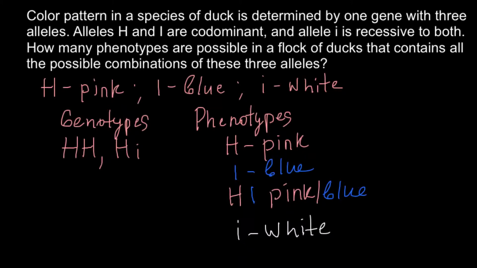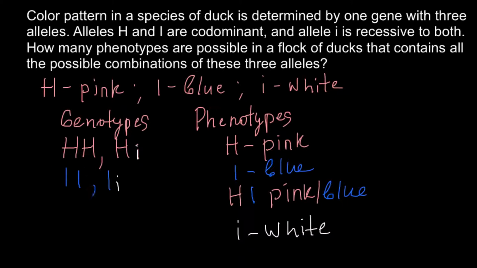And for the blue, we have one genotype that is capital I, capital I, and the second one would be capital I and small i. Of course, these 2 genotypes would produce blue color.